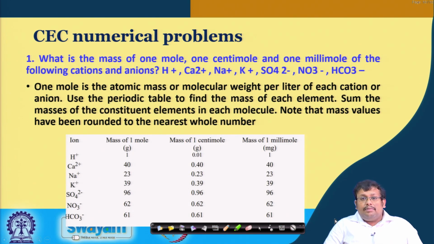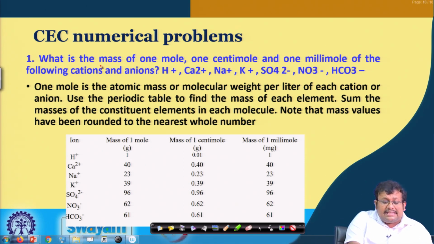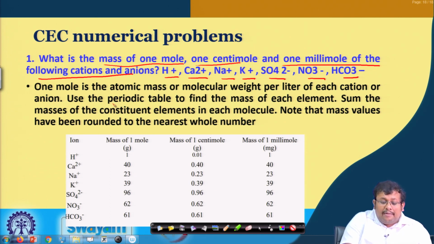Okay, so let us see one example. Here the first question is, what is the mass of 1 mole, 1 centimole and 1 millimole of the following cations and anions: H plus, Ca2 plus, Na plus, K plus, sulphate, nitrate and bicarbonate. So, 1 mole is the atomic mass or molecular weight in grams for each cation or anion.